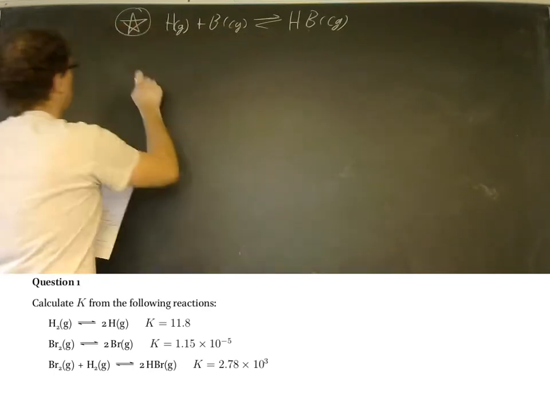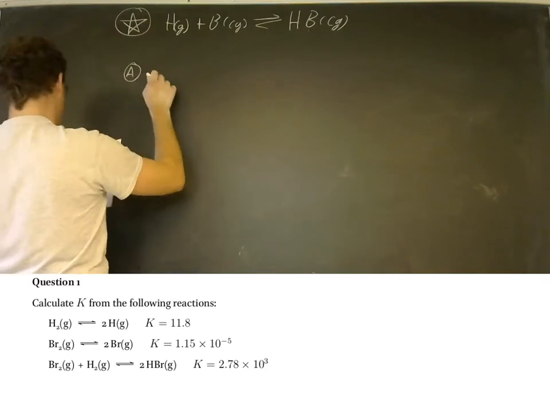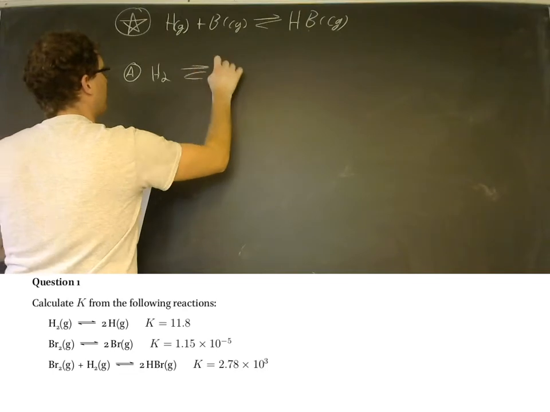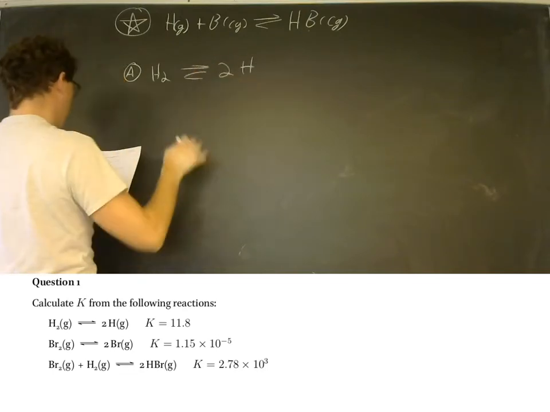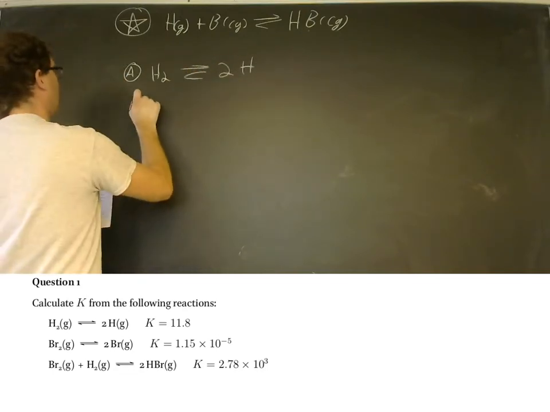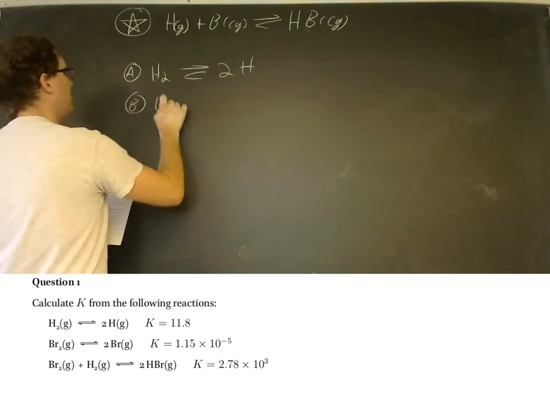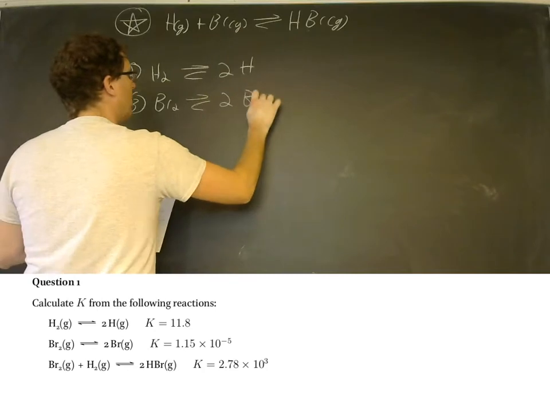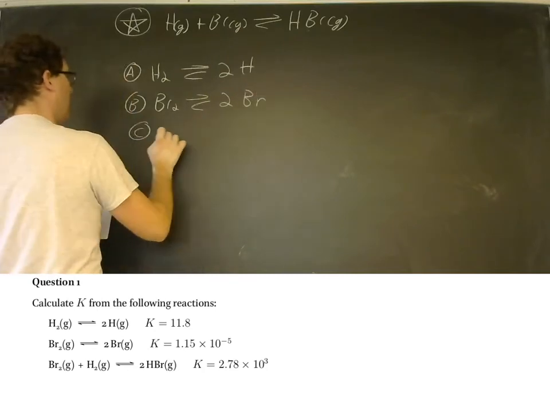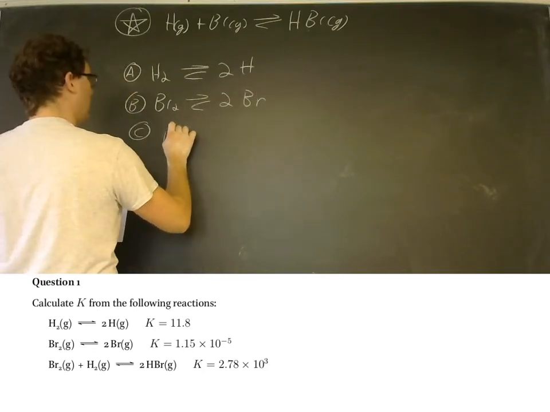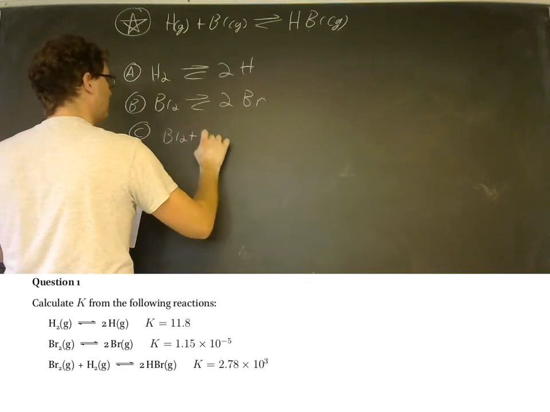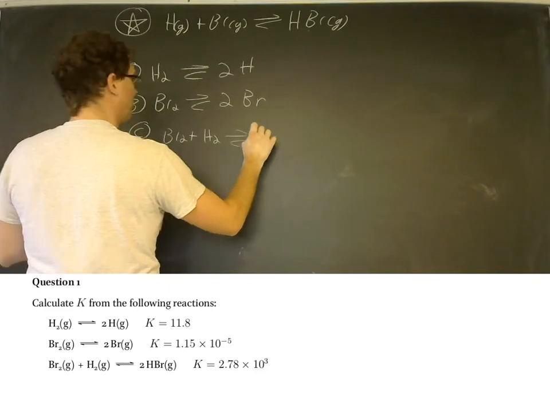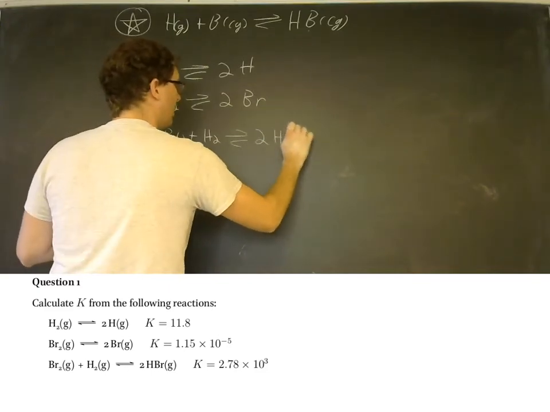I will call them reaction A, which is H2 in equilibrium with 2H. Everything's a gas, so I'll leave that off, just because I'm lazy. B is Br2 in equilibrium with 2Br. And C is Br2 plus H2 in equilibrium with 2HBr.